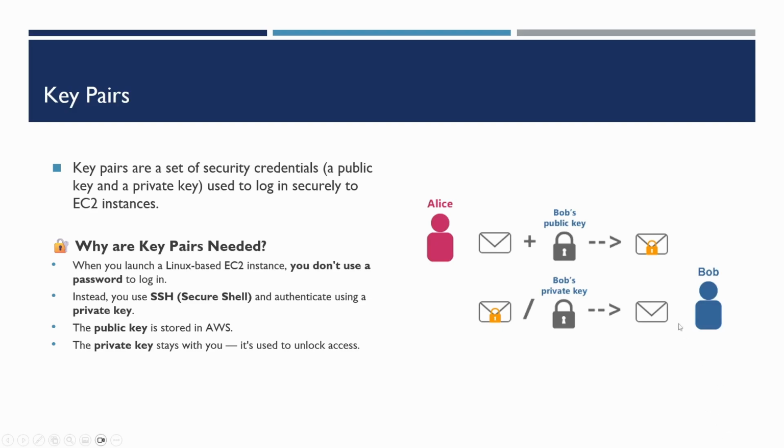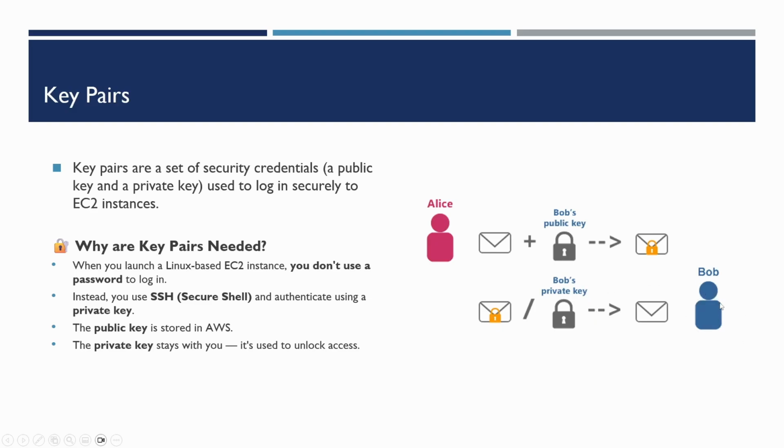For example, let's say Alice and Bob want to communicate or send some data over the internet. Bob generates a couple of keys, one public key and one private key. The private key is kept with Bob himself and is not shared with anyone.